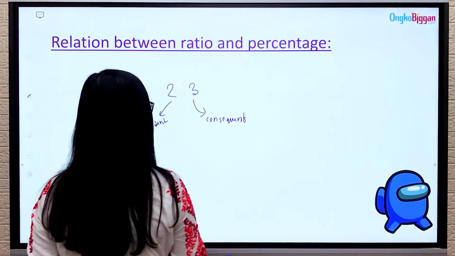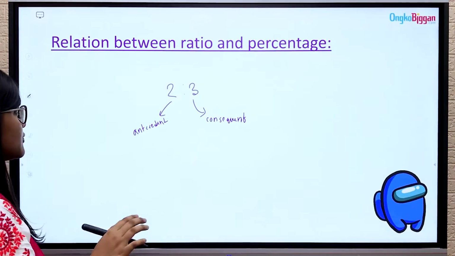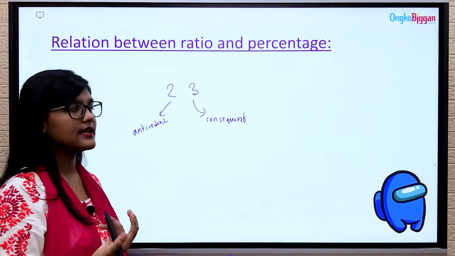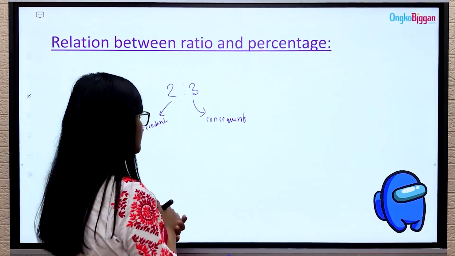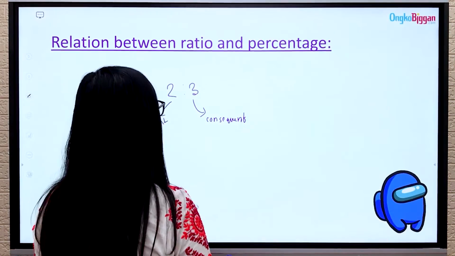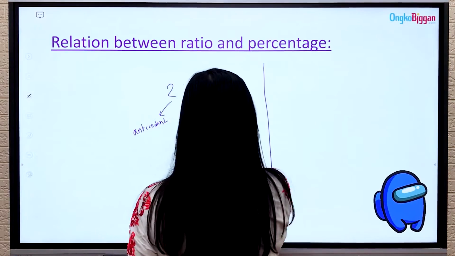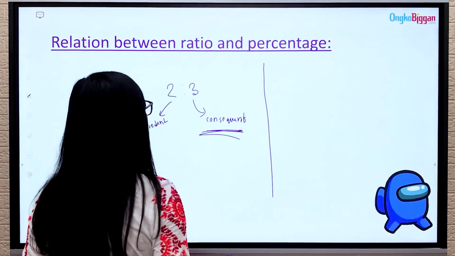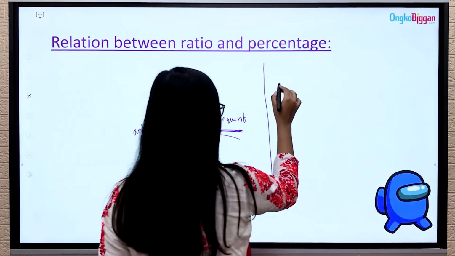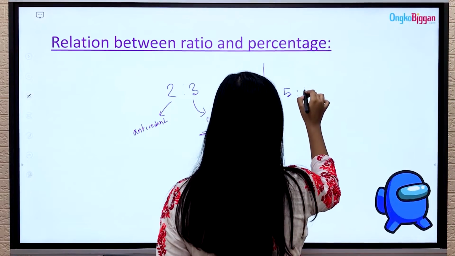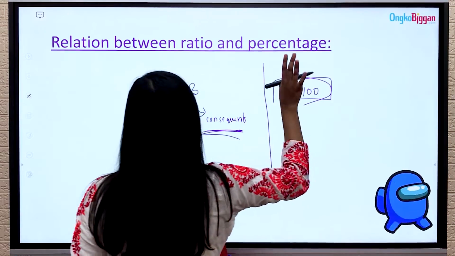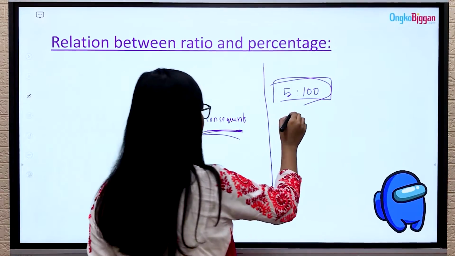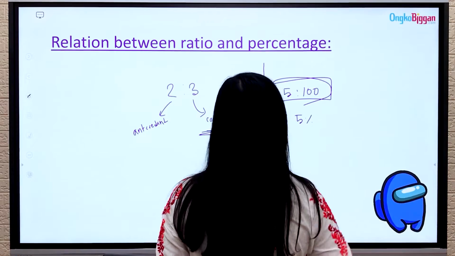Here there is no necessity that our antecedent would be this value or the consequent will be that value. But in case of percentage, the consequent must be 100. That means 5 is to 100. So it's basically an expression in percentage, or we can write 5%.